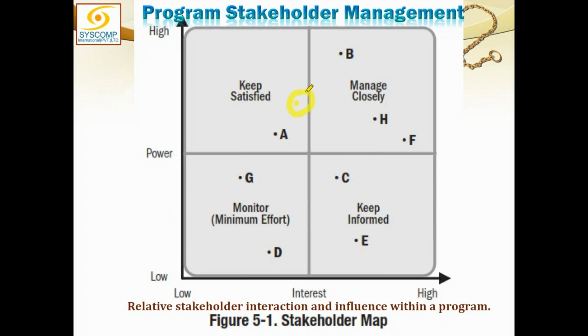In the next month A has come here. This is one month, 2 months. After 3 months we're there. After 4 more months they're here, and then he was nowhere. So the journey A has taken is like this, and he was eliminated. And maybe B is going this way, this way, whatever. So you see, every dot, every stakeholder is dynamic and is moving around in these 4 quadrants.